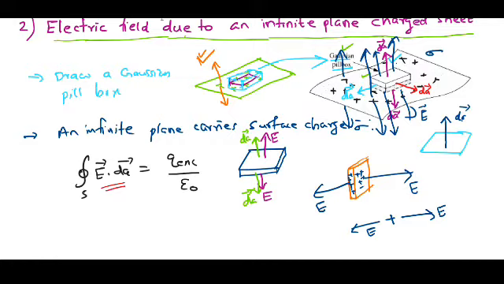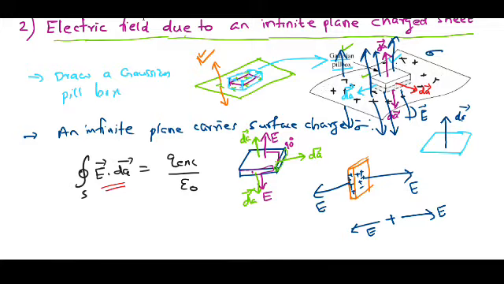But if you consider the side surfaces, here the area vector is perpendicular to this surface, so the angle between the area vector and the electric field is 90 degrees for the side surfaces. The situation is the same on this side also. If you draw an area vector, it should be perpendicular to the plane of the surface, and the area vector and the electric field make an angle of 90 degrees.